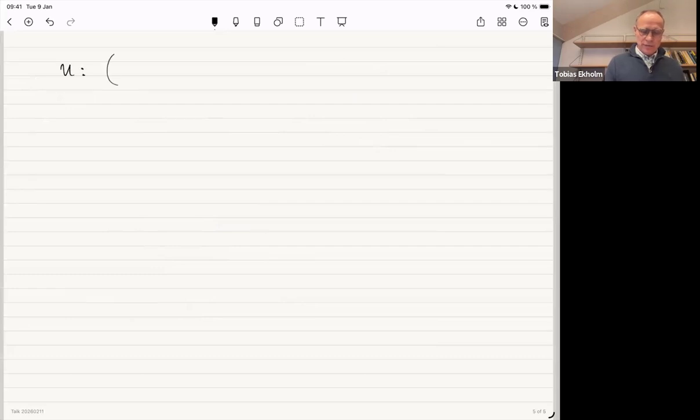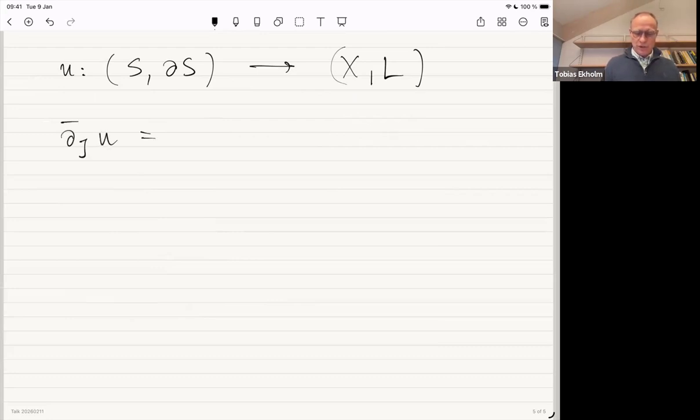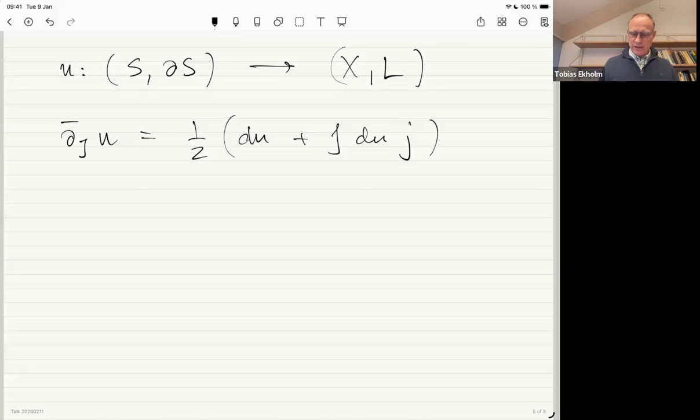In other words, we take maps from a Riemann surface with boundary into X, with boundary on L, and we look at solutions to the d-bar equation, d-bar of u, which is just a Cauchy-Riemann operator. Little j here is the complex structure on the surface, and we require this to be 0. This operator is an elliptic operator.